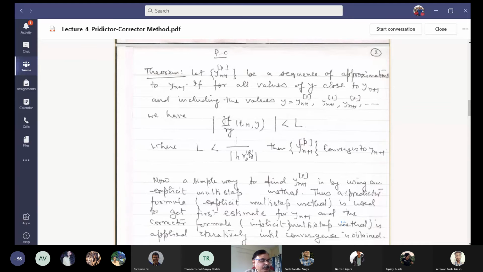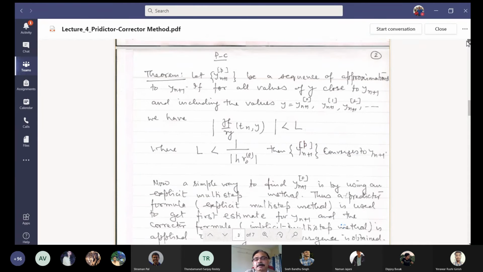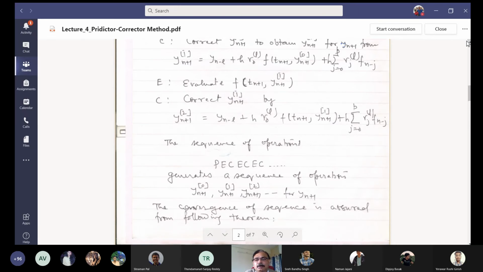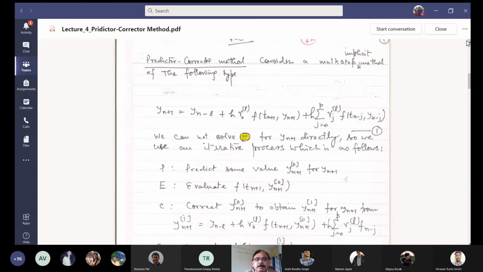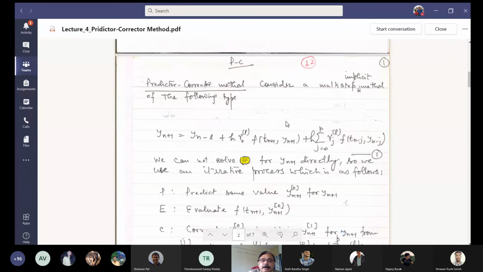Basically, if I just go back to a general multi-step method, that will be better to explain. A general multi-step method, I am writing here: y_{n+1} equals a sum of terms from n minus L, L meaning these many steps, the order of the method, plus h γ_0^L.